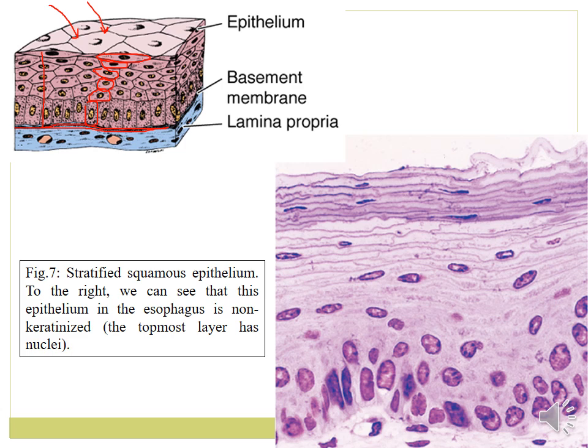Again, this is the epithelium, and these are the topmost layer, squamous cells. And since we can see nuclei in all the layers, this means that this epithelium is not covered by keratin. So this is stratified squamous non-keratinized epithelium.